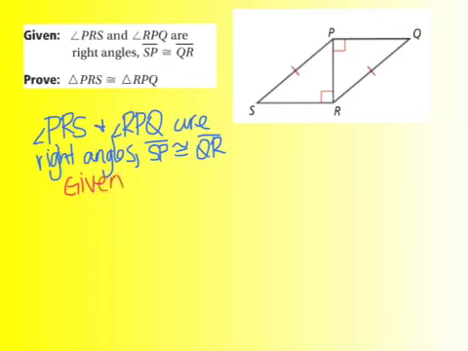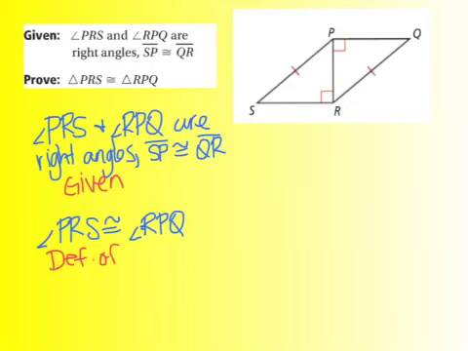My next statement is that because angle PRS and RPQ are right angles, I know they are congruent. So angle PRS is congruent to angle RPQ. And I know this because that's the definition of right angles. I needed my given statement to make this statement, so I'm going to draw an arrow.